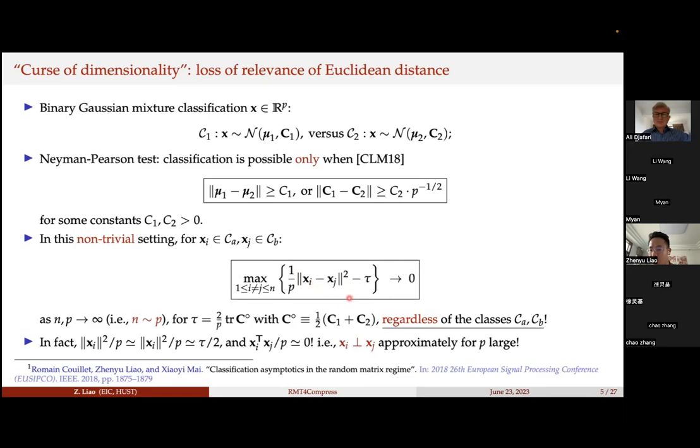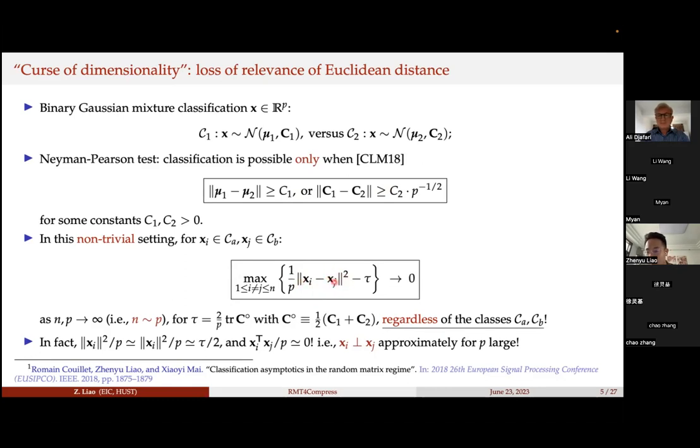The same holds for the norm of xj. These are the higher orders because they are characterized by the law of large numbers.